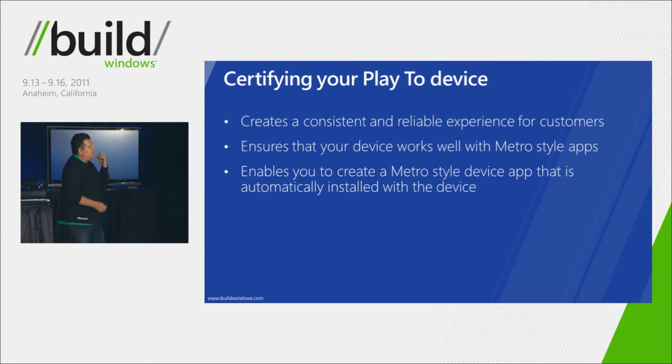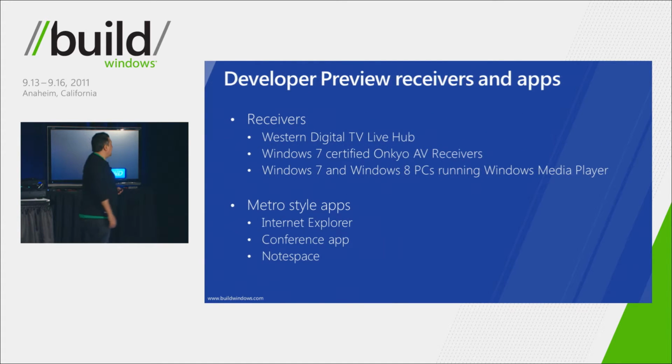So there is an option available for certified devices to use this Microsoft service to actually bring content from the cloud, content that will somehow enhance your device, and you decide what that content is. Okay.